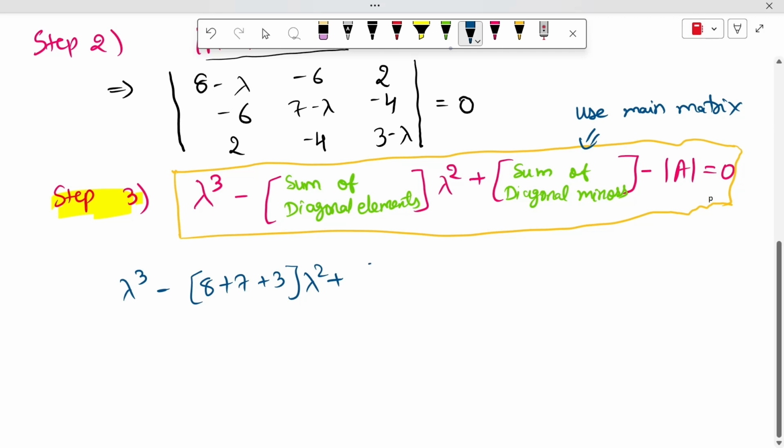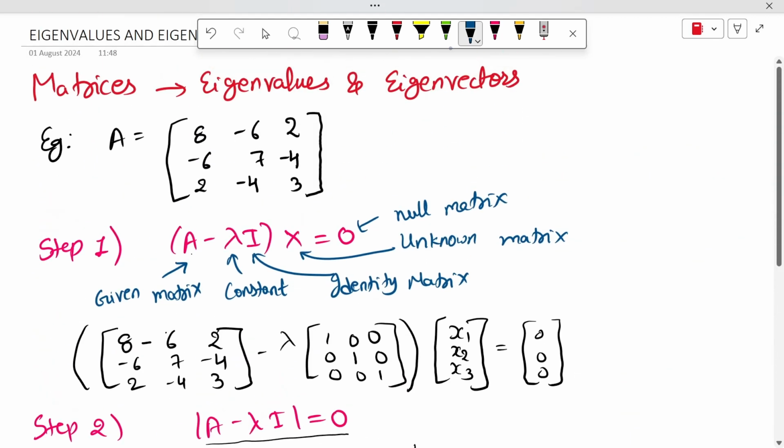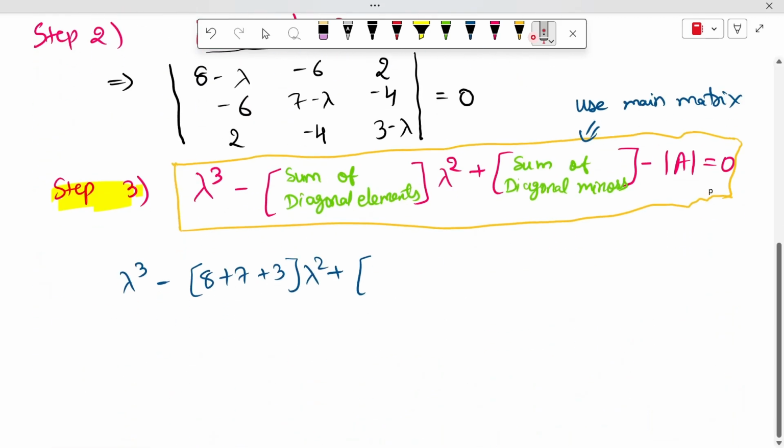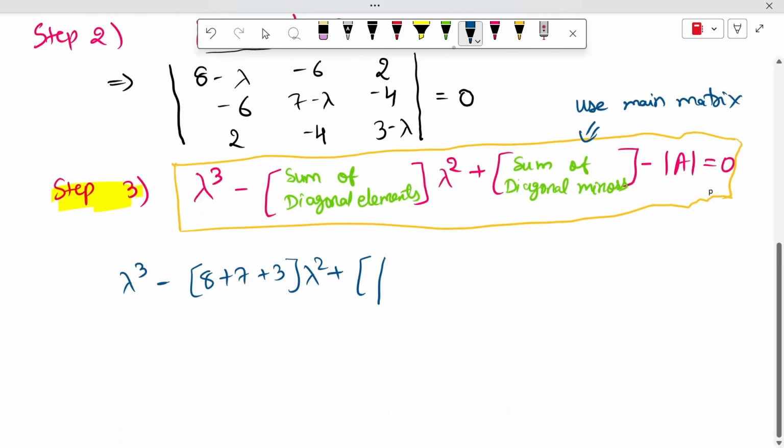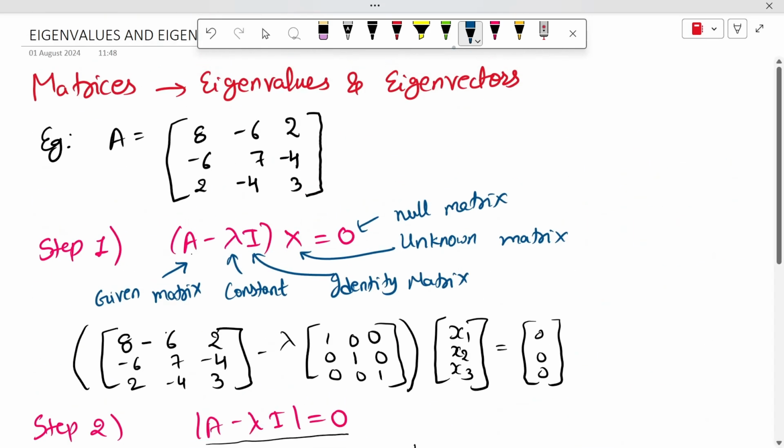So we will take the diagonal minors. How we find the diagonal minors is, first we take this term, and we have to find the determinant of this. So what will be the first determinant? It will be 7 minus 4, minus 4 3, plus second.